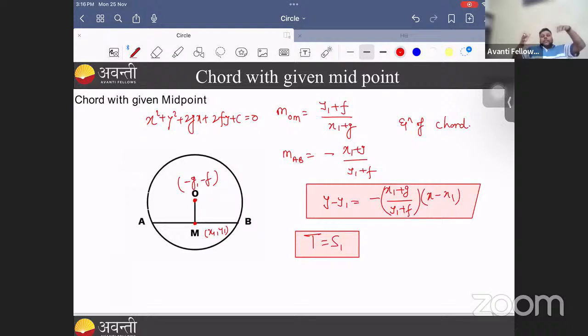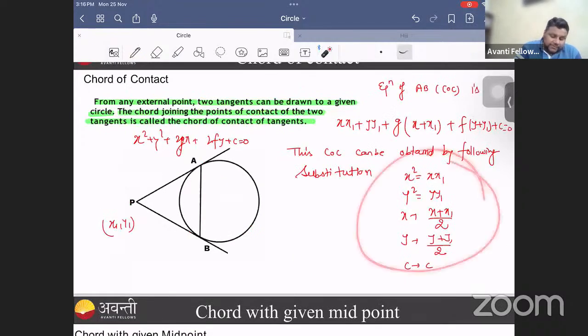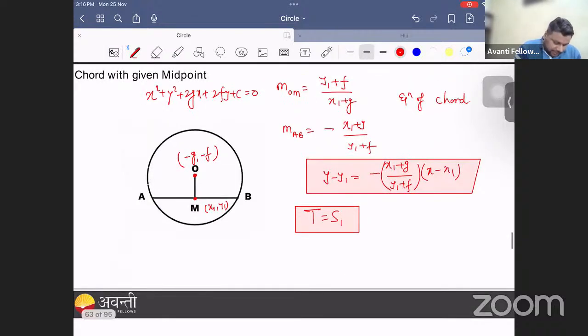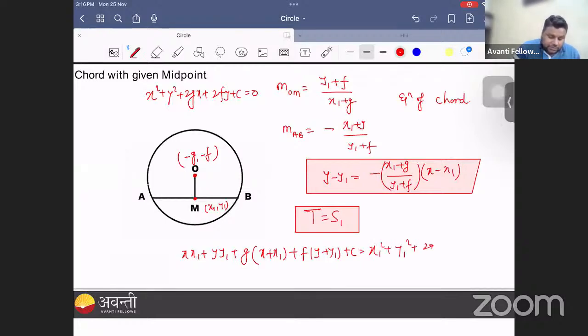Now, T is the equation after doing those substitutions, that is xx1 plus yy1 plus g times (x plus x1) plus f times (y plus y1) plus c, and S1 is the power of the point, putting that point into the circle: x1 square plus y1 square plus 2gx1 plus 2fy1 plus c.